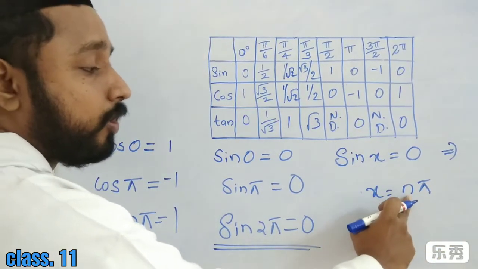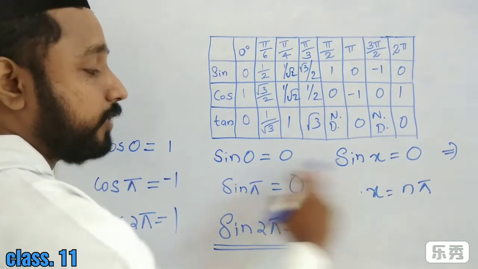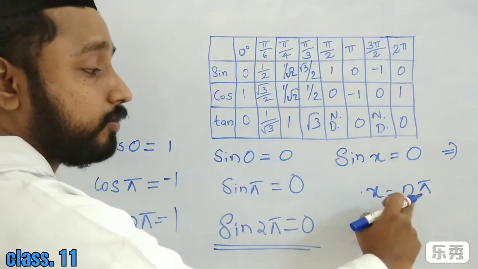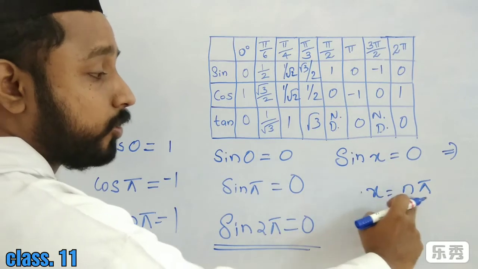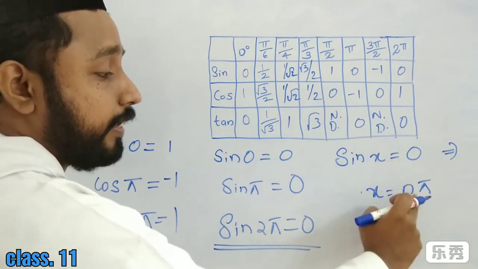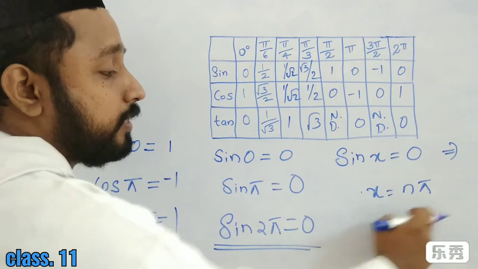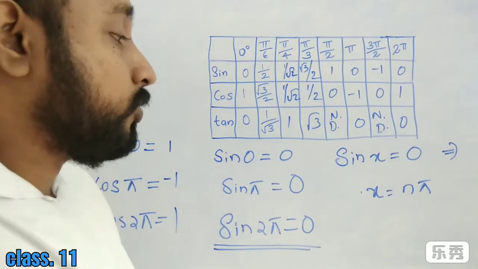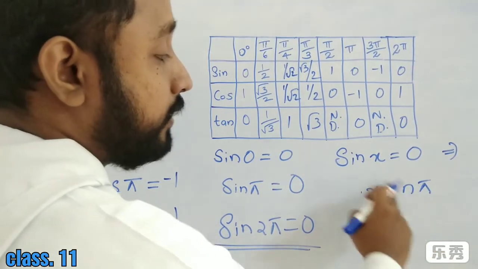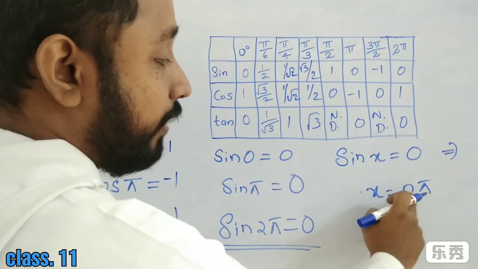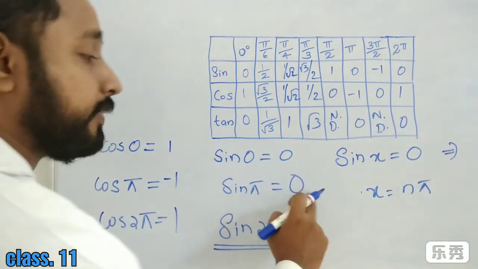If n is equal to 0, sin n pi means sin 0, which is 0. When n is equal to 1, that means sin 1 into pi, that is sin pi, which is also 0.